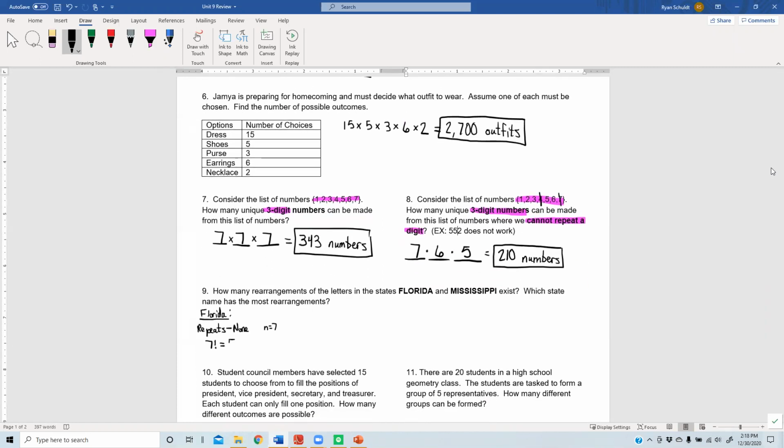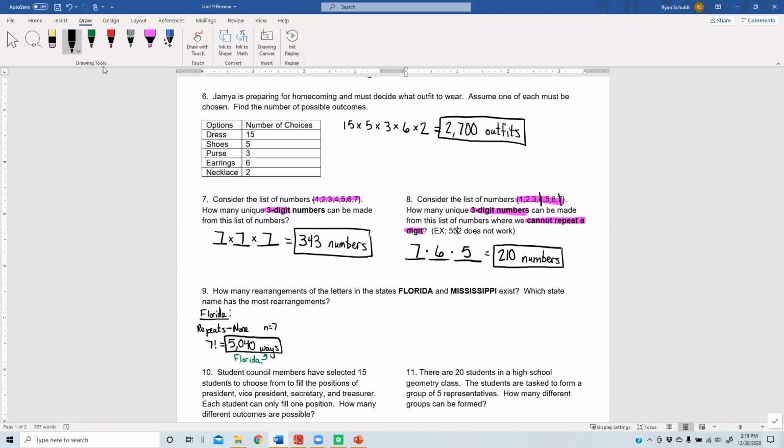So that's how many ways Florida has, 5,040 ways. Now it says how much for each of them. So this is one answer right here. This is our answer for Florida.